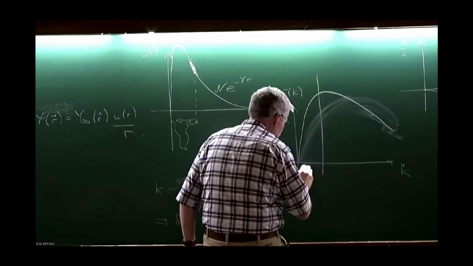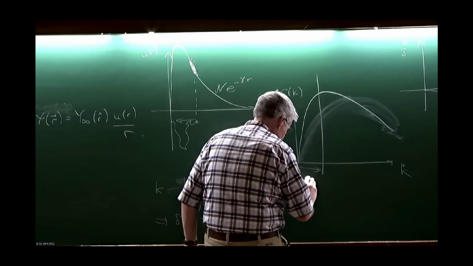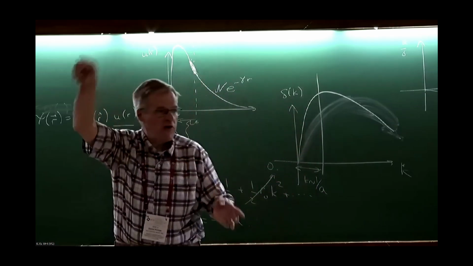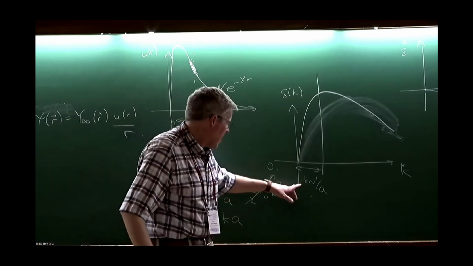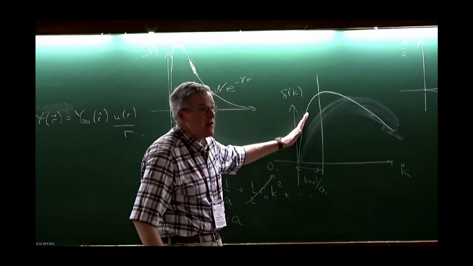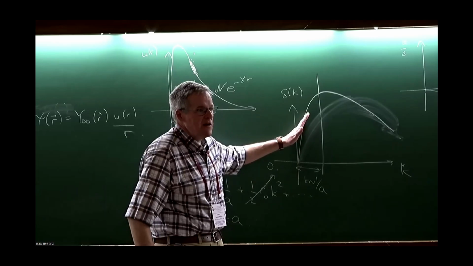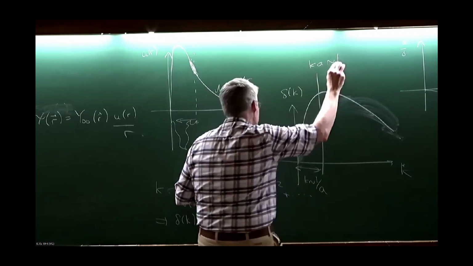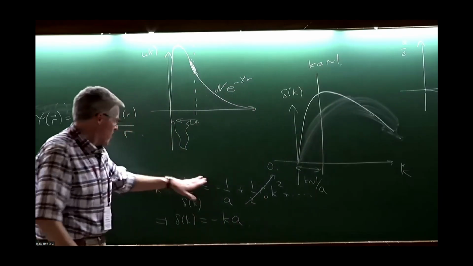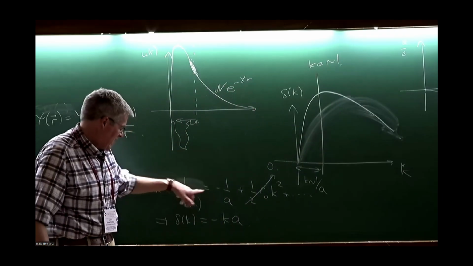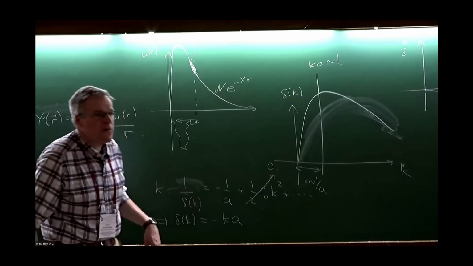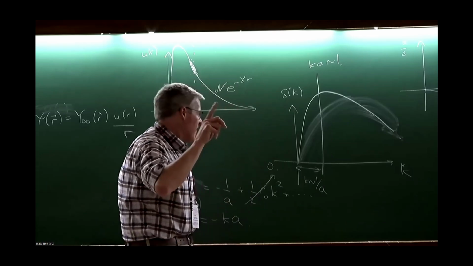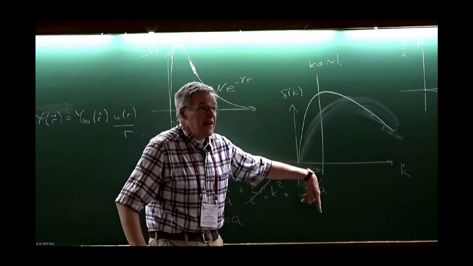The scale over which this turnover happens is 1 over a. So if ka is much less than 1, you could take this to be linear. But if you're interested in the regime where ka is of order 1, then you can't do the Taylor series assuming the phase shift is small. If the potential is repulsive, then this goes down from 0.